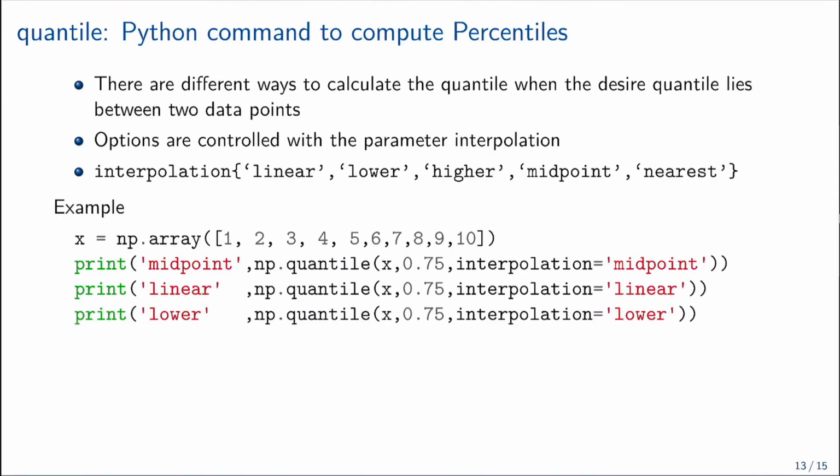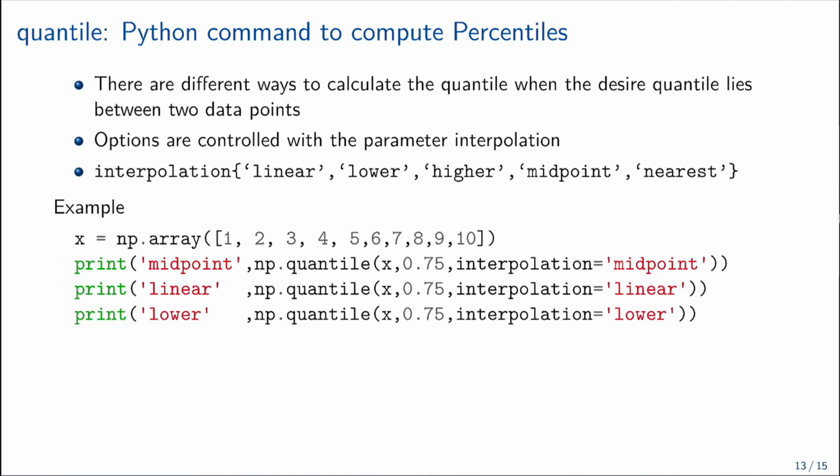If you use any software like Python, R or SPSS, you will find that there are different ways of computing the percentiles. And in general, the function is going to be called quantile. So quantile is the command that you are going to use to compute the percentiles, including the quartiles.